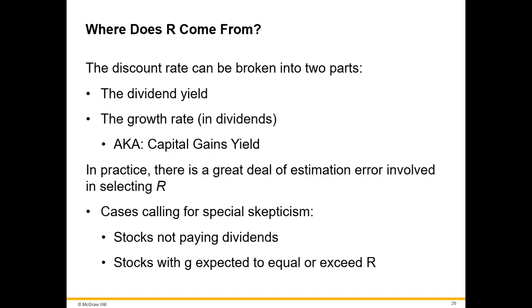The growth rate in dividends is the capital gains yield, down at the bottom of page 170. The rate at which the value of the investment grows. So there's some estimating maybe in here, but in practice, there is a great deal of estimation error involved in selecting an R. So it is an estimating process, but we're showing you where it originates from.